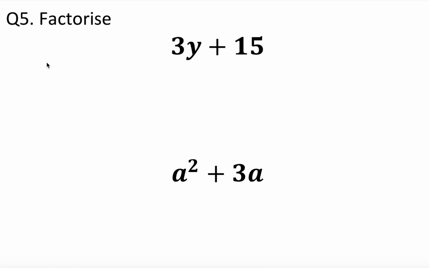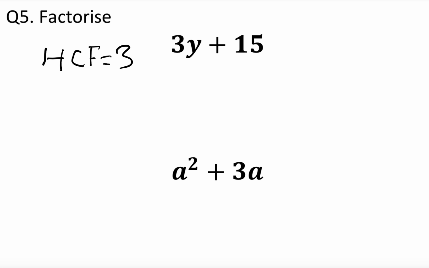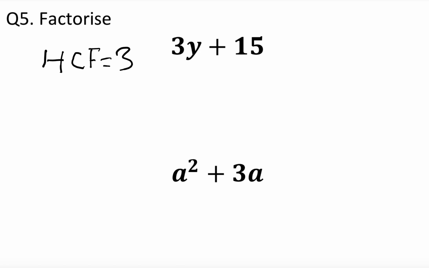So the highest common factor equals 3 in this case. So we're going to put the 3 outside the brackets. But what are we going to put in the brackets?